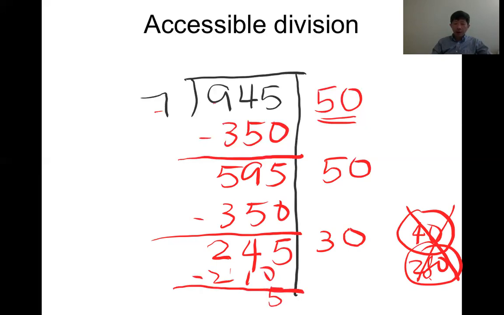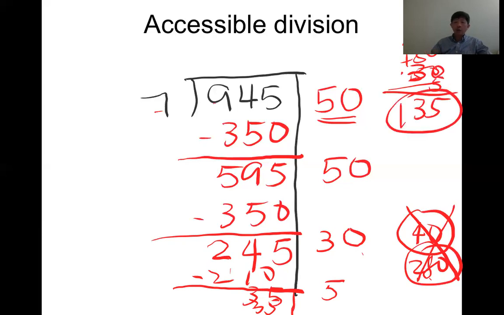And then 5 times 7, 35. Oh, I don't have another room, so the last number is 5. All right, so now add up the total: 50 plus 50 plus 30 plus 5. How many? 135. So the answer is 135, right?